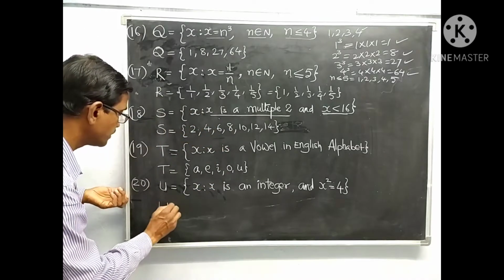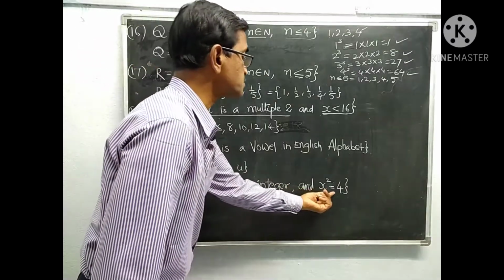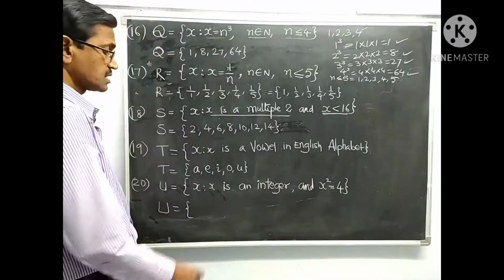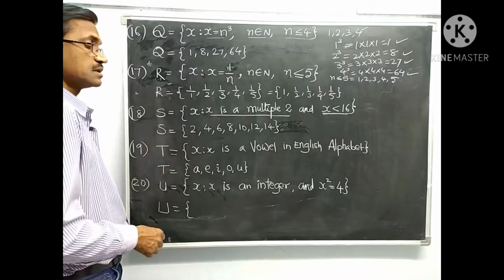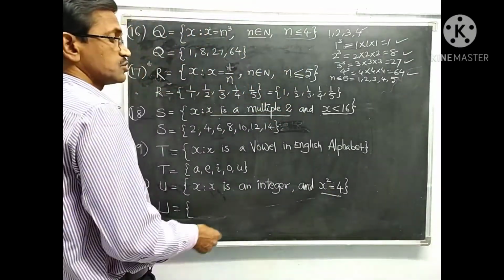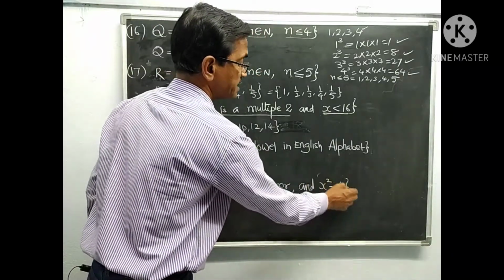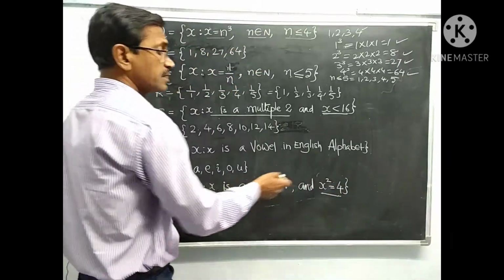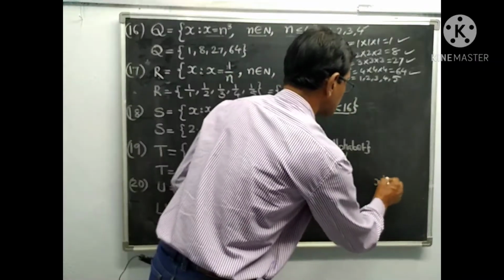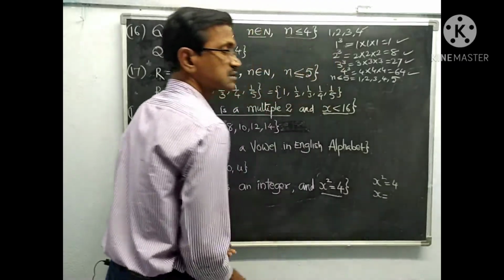Here next, U is equal to x such that x is an integer and x square is equal to 4. X is an element that should satisfy this condition. So how can we find x values? We have to find the values of x from this equation and write them here. If x square is equal to 4, then x is equal to what?